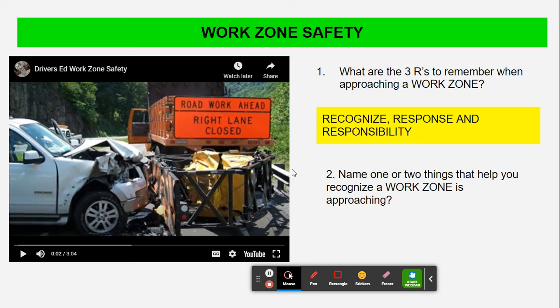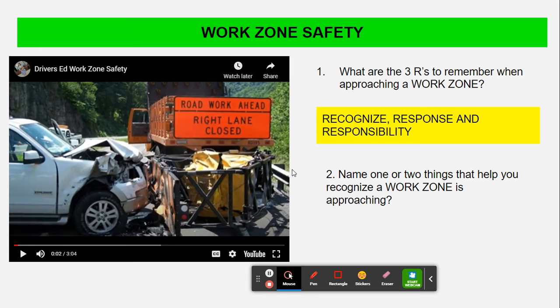Assume that you're going to need to bring your car down to 45. And if you somehow happen to come across a work zone that's 55, which will probably only be on the thruway or some expressway, then you're going 55. But assume it's going to be 45 miles per hour.